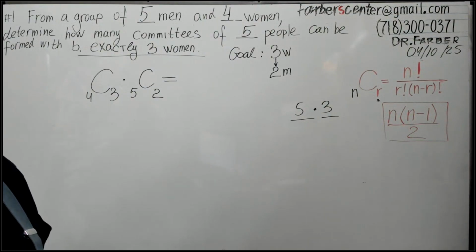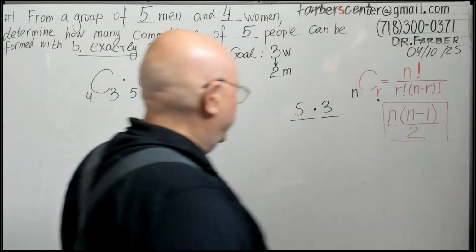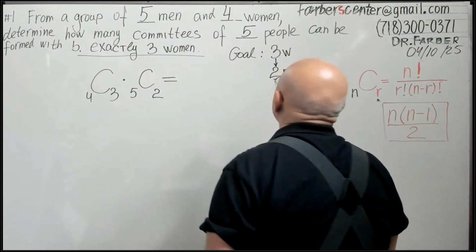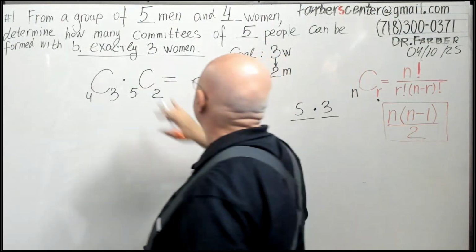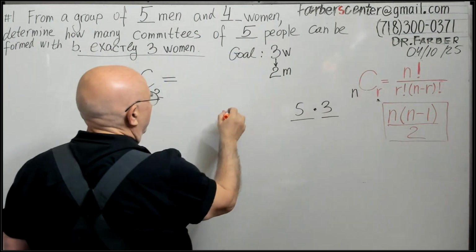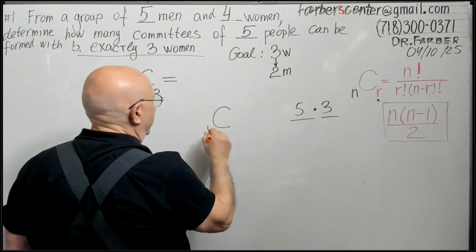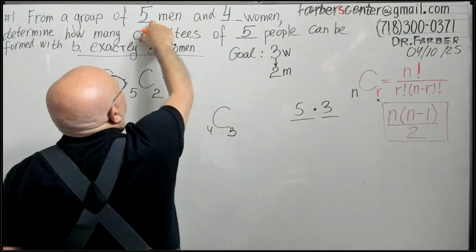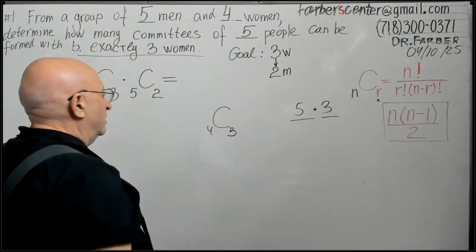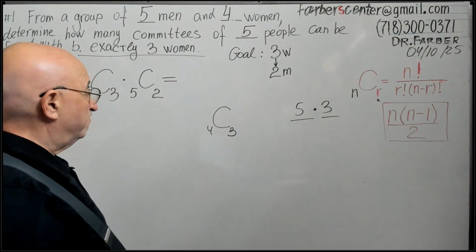Can you explain that one more time, Dr. Farber? Sure. They ask you to find exactly 3 women. Forget about the second condition, right? 3 women I can get out of 4, because I have only 4 women, choose 3, right? I can choose women from this set, because this is men. If I count this one, it would be wrong.